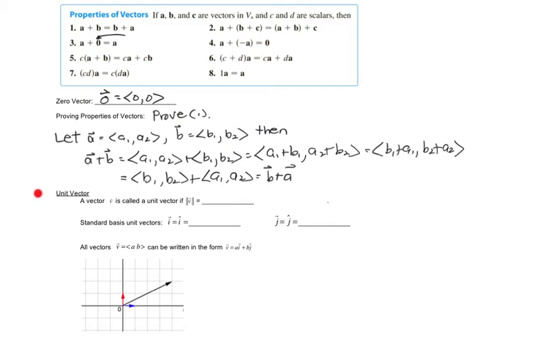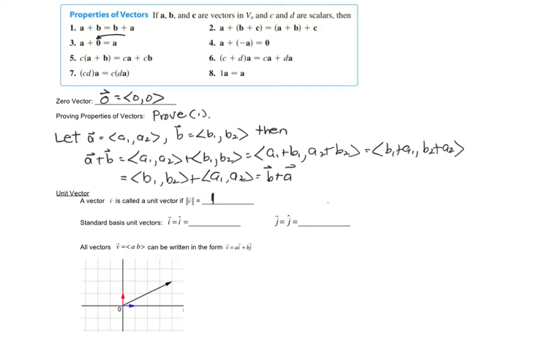Unit vector. So a unit vector is any vector whose magnitude is one unit. Now we talk about some specific unit vectors, and because we talk about those a lot, sometimes we forget that the general unit vector is any vector whose magnitude is 1.